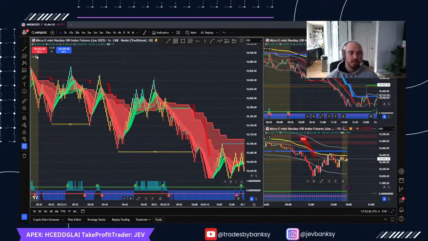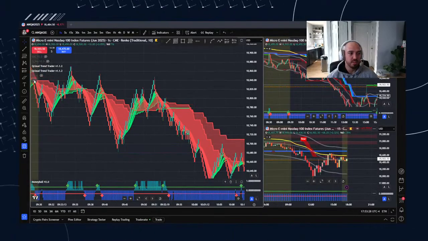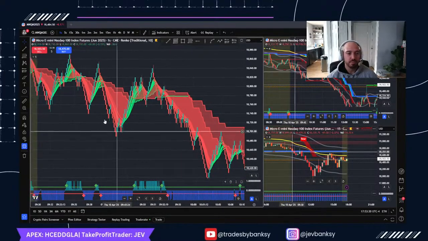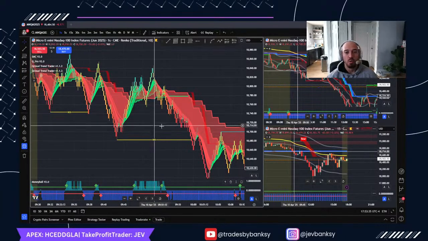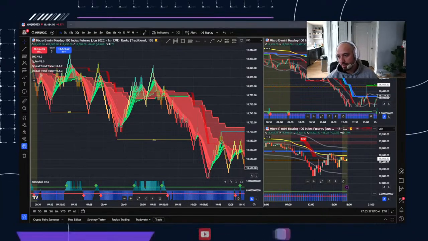So this is how the layout looked previously, and this is how it looks now. A little bit of a difference.